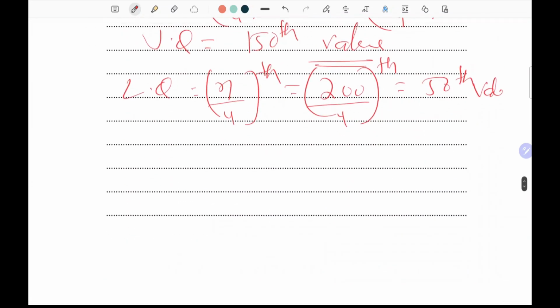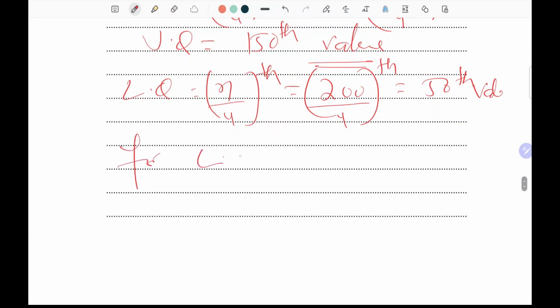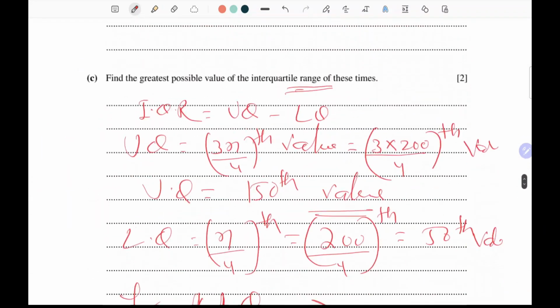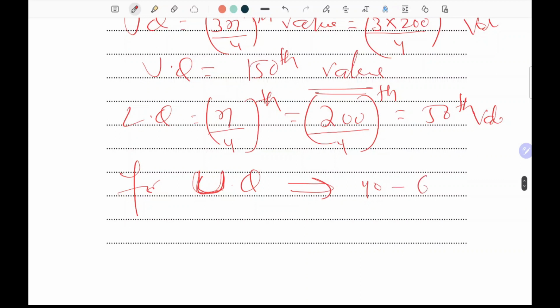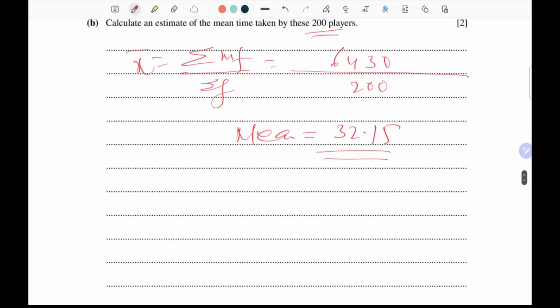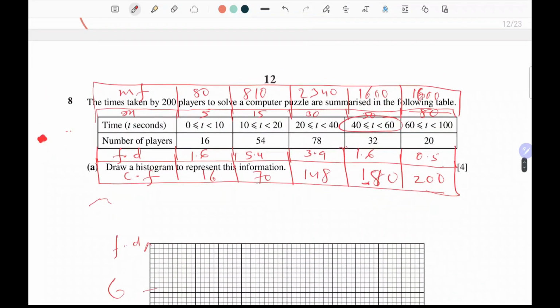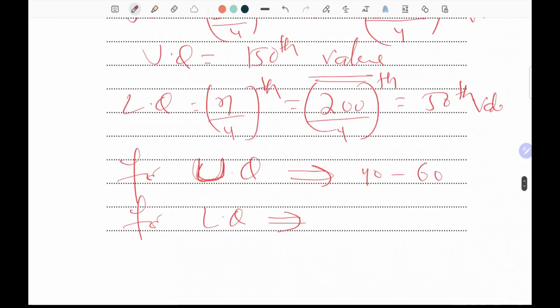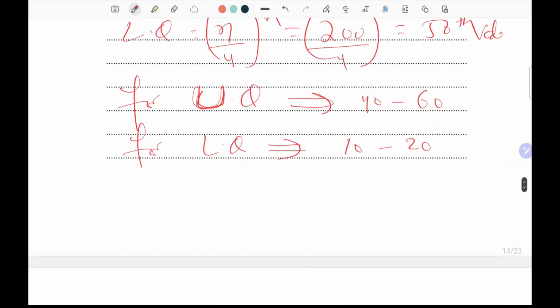So for the upper quartile, what's that? I forgot. 40 to 60, yeah. So this is 40 to 60. Okay, for the lower quartile, the value is 50, right? So where will 50 come? This is 16, so 50 will come in this one. So 10 to 20. Okay, so the upper quartile value can be from 40 to 60 and the lower quartile value can be 10 to 20.